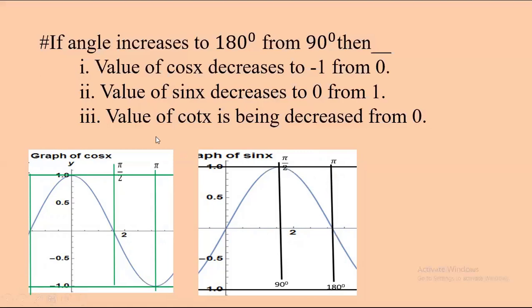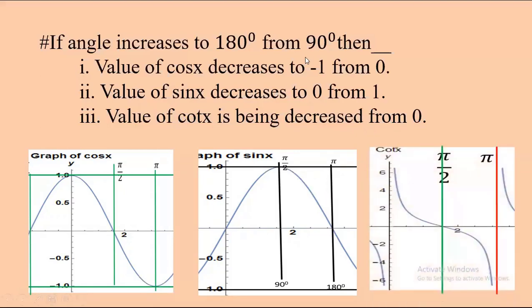This is also correct. The value of cot x is being decreased from 0. Let us see when it is 90 to 180. This is 90 and this is 180. And the graph decreases from 0. So this is also correct. Let us see again.